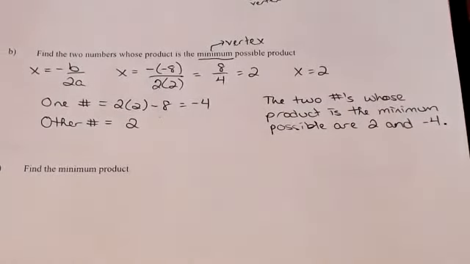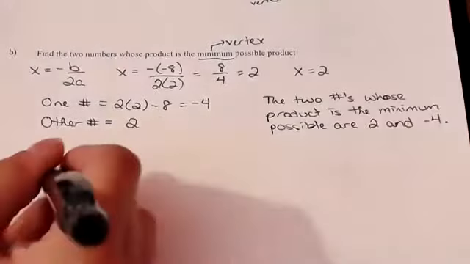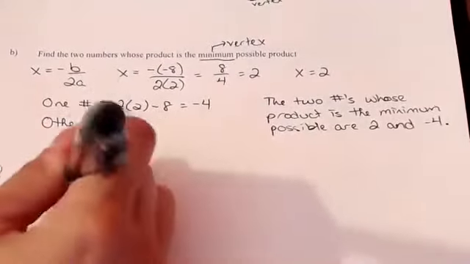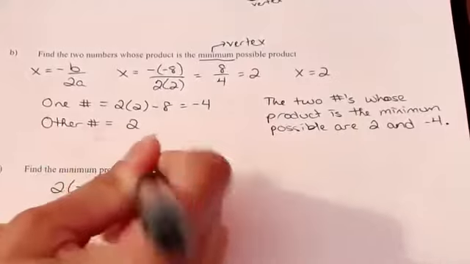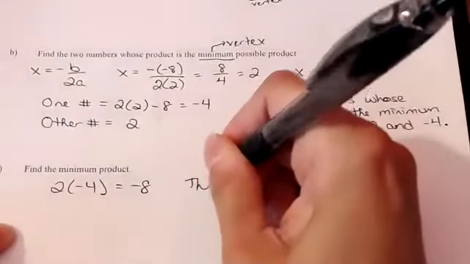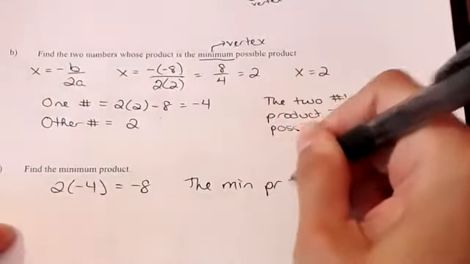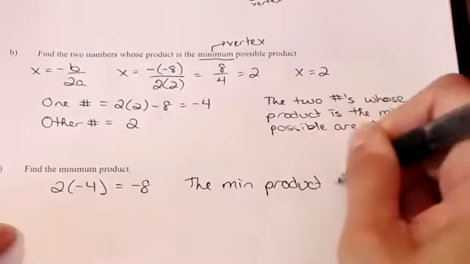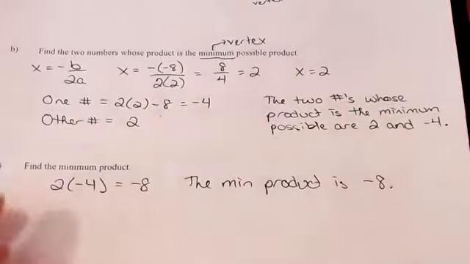And then it just says find the minimum product. Well, duh, multiply them together. Take your solutions, 2 and negative 4, and you get negative 8. The min product is negative 8, and you're done.